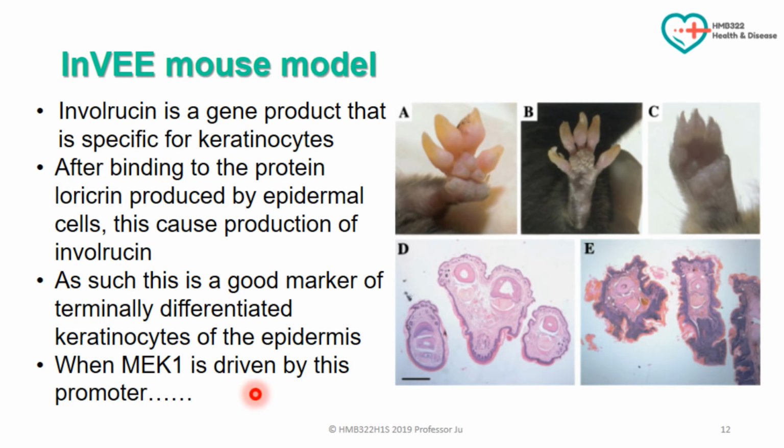So again, just making sure we're all on the same page, MEK1 is now going to be expressed constitutively in all the keratinocytes that you have in your skin. So loricrin is only produced by your skin cells, the keratinocytes in your skin, and we have this INVEE promoter system to drive MEK1. So that means that MEK1 is only going to be overexpressed within those keratinocytes within your skin.